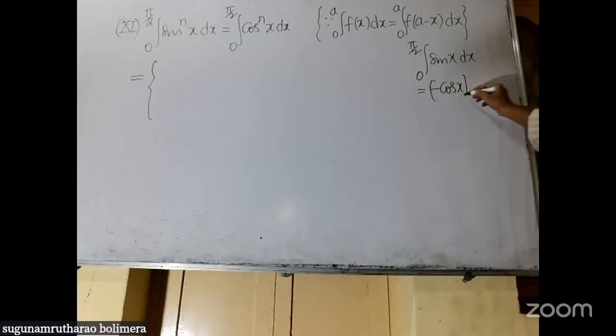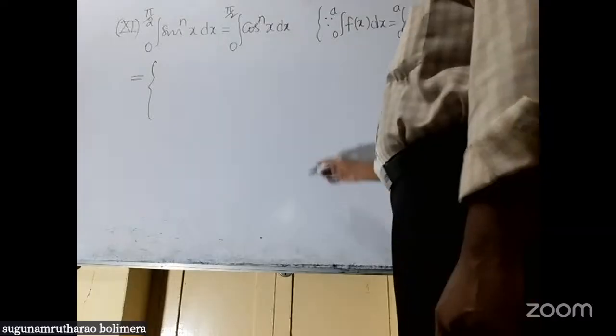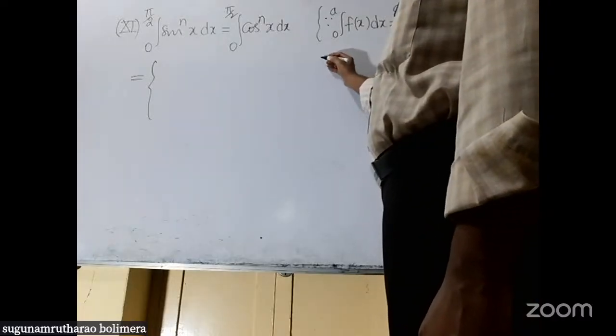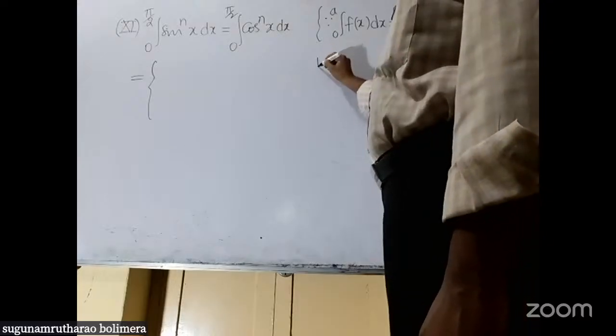Minus cos x, limits from 0 to pi by 2. Writing the upper limit, cos pi by 2 is 0, minus of minus plus cos 0, which is 1. The value is 1. The same thing you will get for cos x also. So if n is odd, we start with 1.